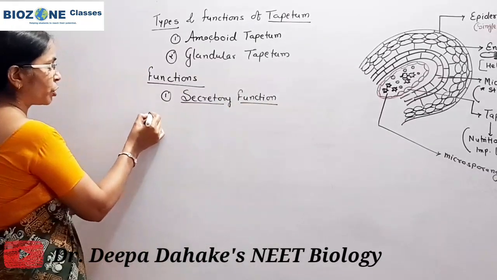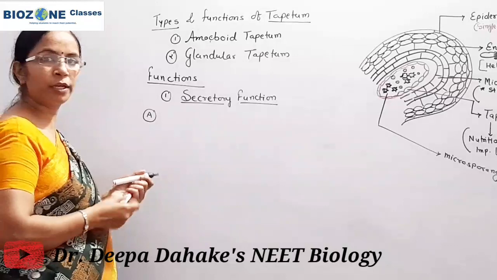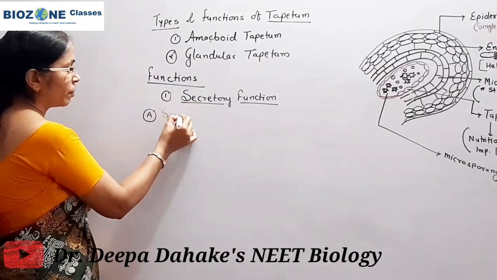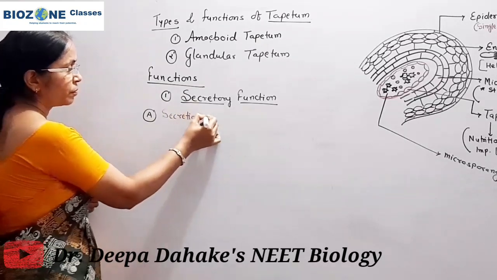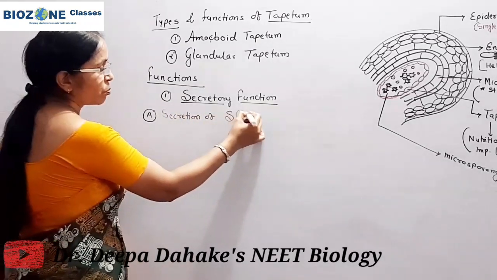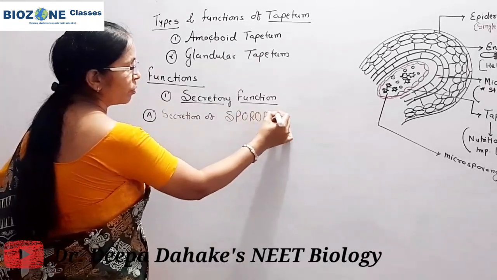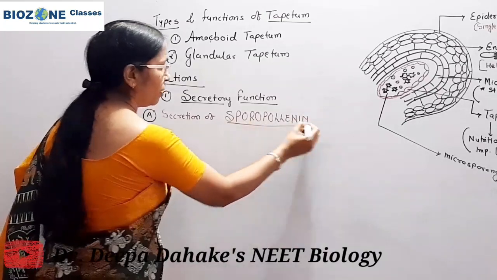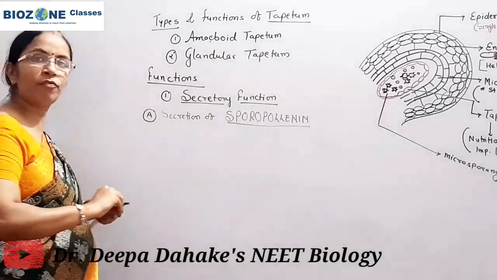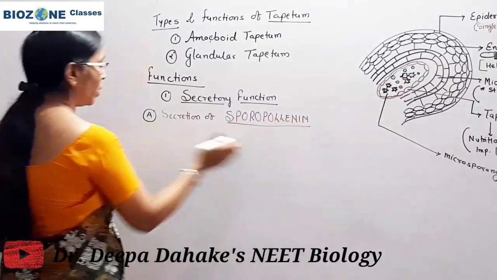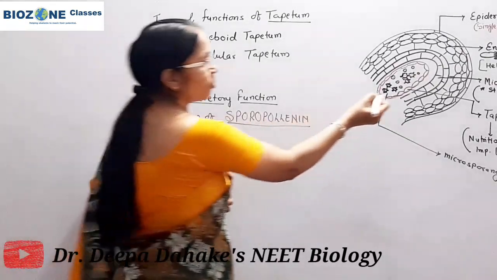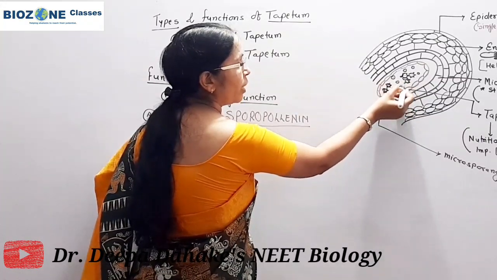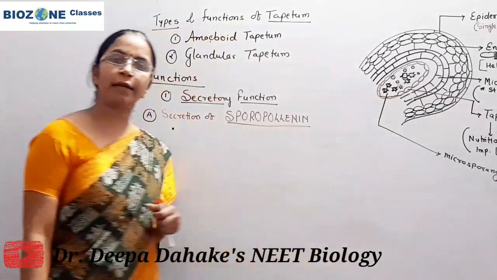In the secretory function, the first is the secretion of sporopollenin. The tapetum secretes sporopollenin, and that sporopollenin gets deposited over the microspore.